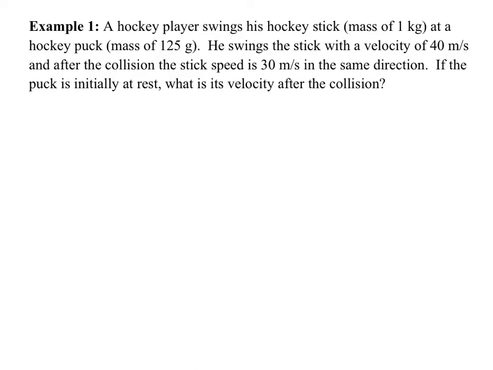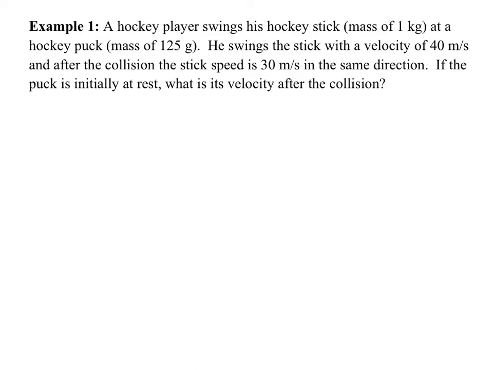What you might not notice is that after your object hits the projectile, it slows down. It might not be noticeable, but you swing a baseball bat with a given velocity, and when you connect with the ball, it slows down. So the velocity of the hockey stick after the collision is only 30 meters per second, but before it was 40 meters per second.